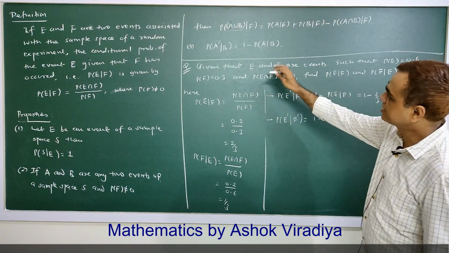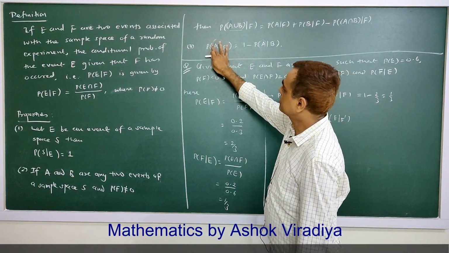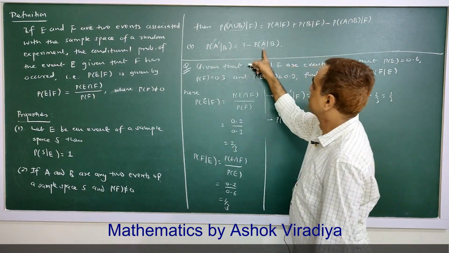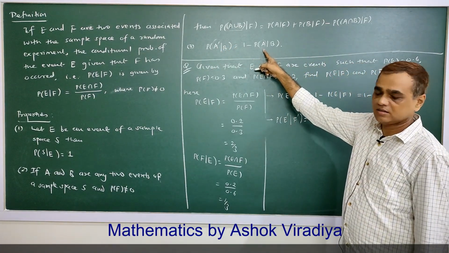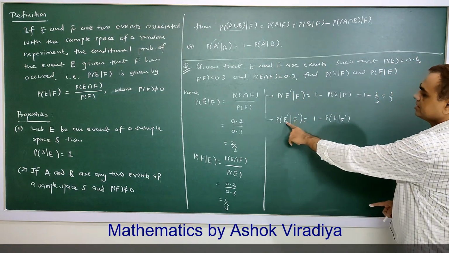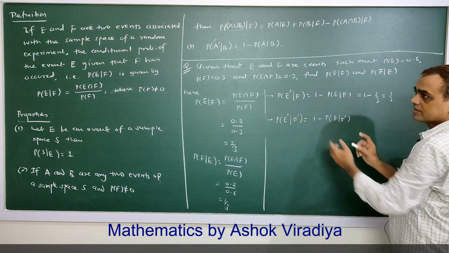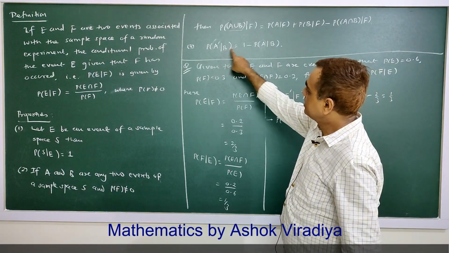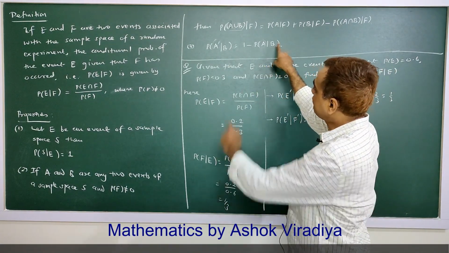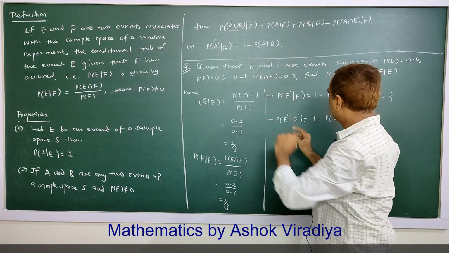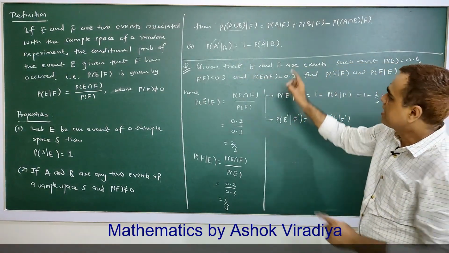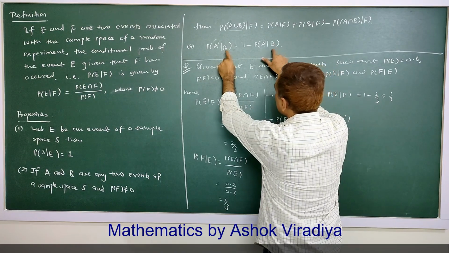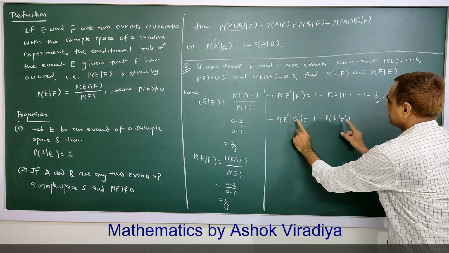In this result, this is the complement A dash and this is A. Here this is E dash, so keep E, and the condition we keep as it is. This is B, so in this formula A is replaced by E and B, in both places, is replaced by F dash.